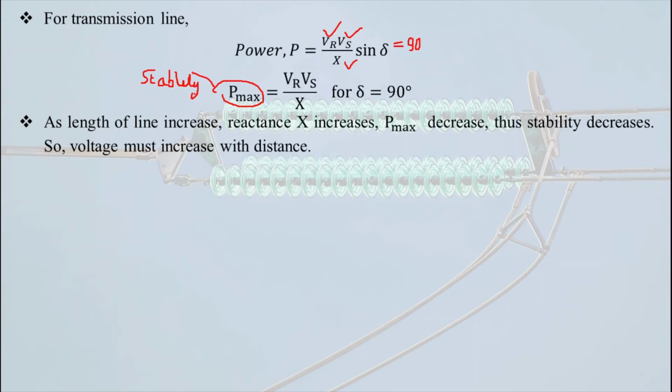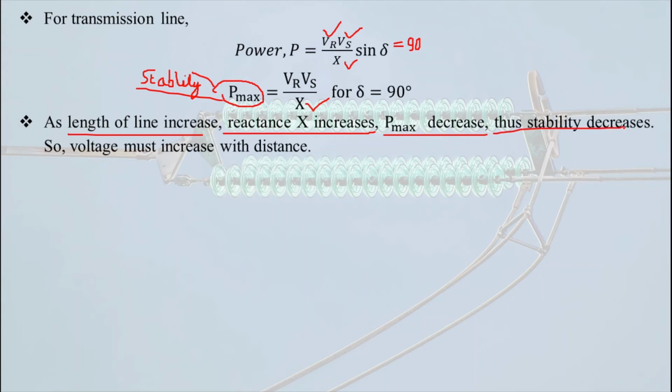As length of line increases, or we can say that power is transmitted over a long distance, then obviously line reactance will increase. And when line reactance increases, then Pmax will decrease, because Pmax is inversely proportional to the line reactance. So when Pmax decreases, then stability will also decrease.